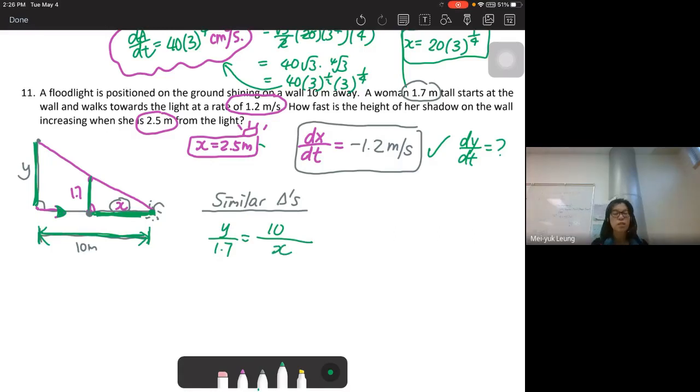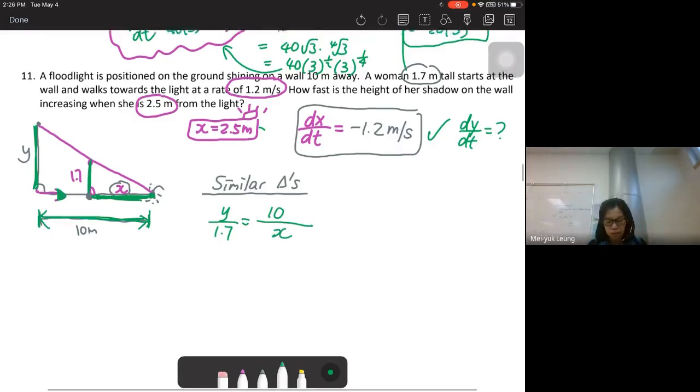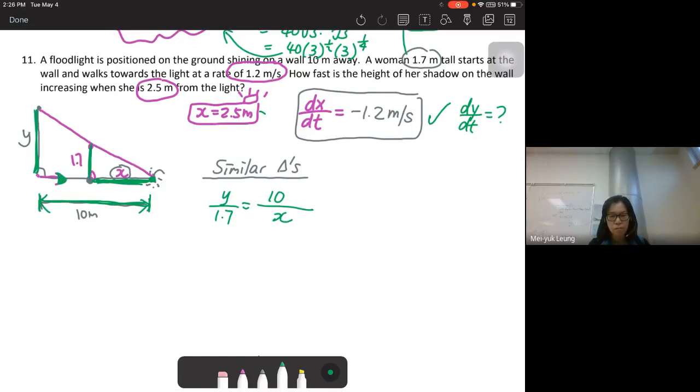You set up this equation based on the direct proportion of the corresponding sides. Now we can cross multiply, so we have y equals 17 over x.